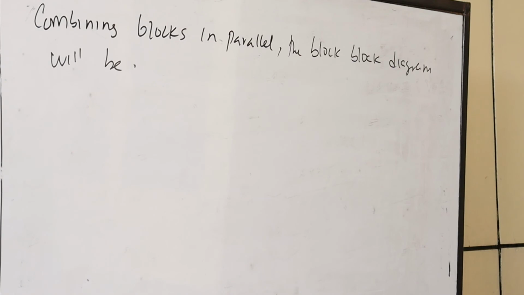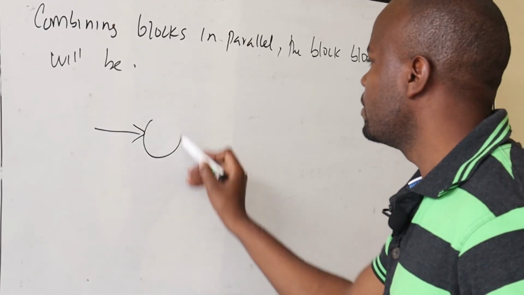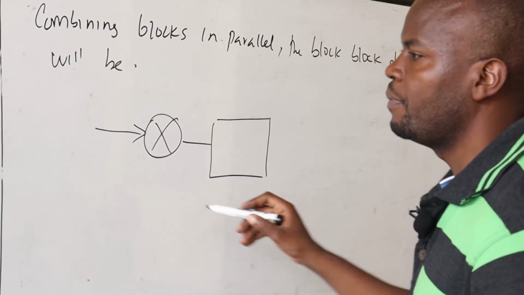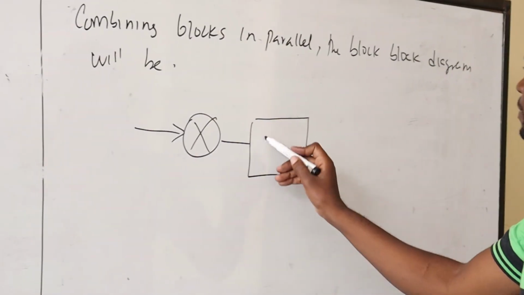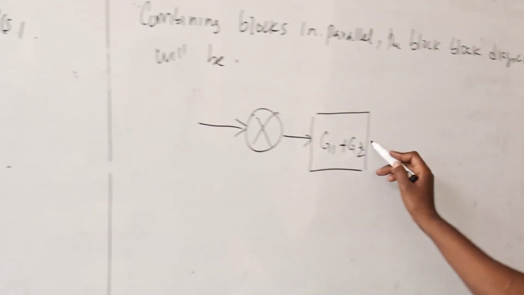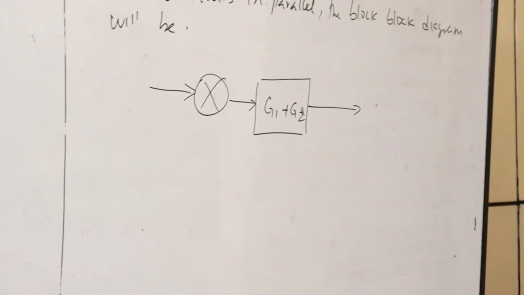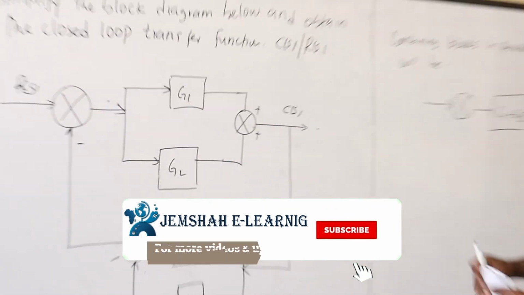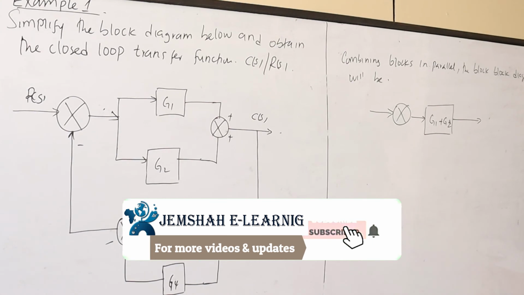In that case, we are going to have something like that, and up there we have G1 plus G2, then it goes there. We are combining these, which are in parallel. These ones are again in parallel.